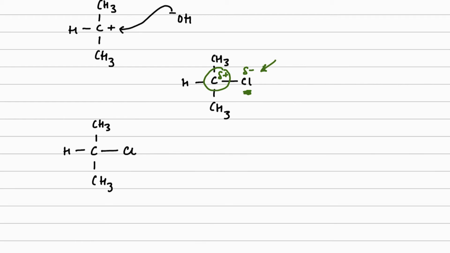So what we're saying here is the hydroxide ion attacks this carbon because this carbon is delta positive, the chlorine is delta negative. Chlorine leaves, we have heterolytic bond fission, taking both electrons with it, and the chlorine is indeed called a leaving group.